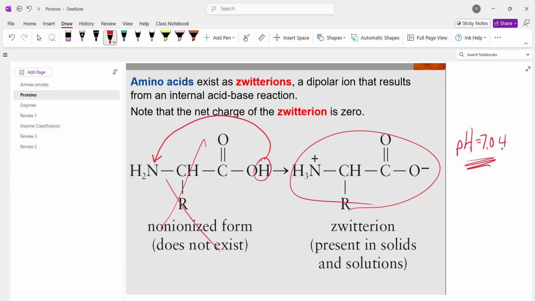So we have something called a Zwitter ion. Zwitter means both charges. So the net charge is 0, but both a positive and negative charge exists on those amino acids, all 20 of them, no exceptions.